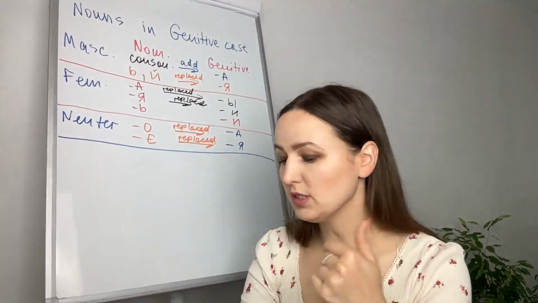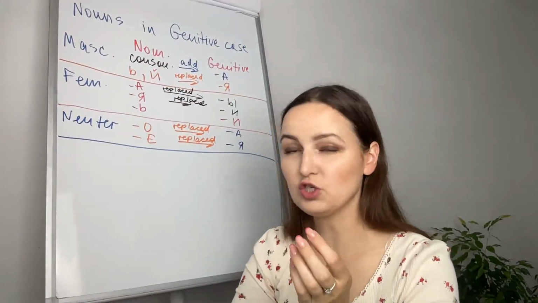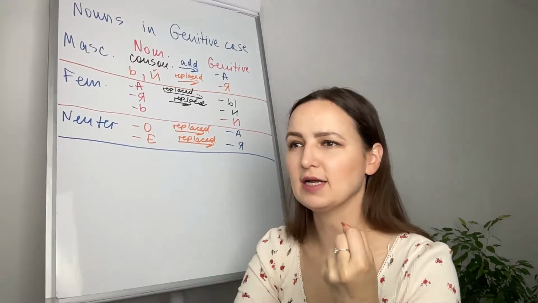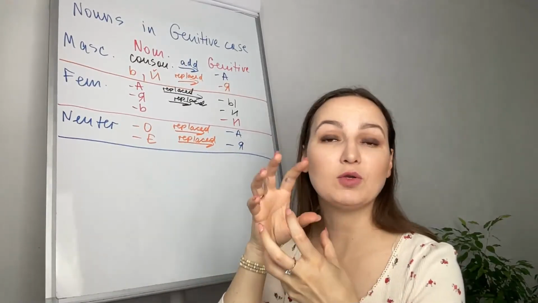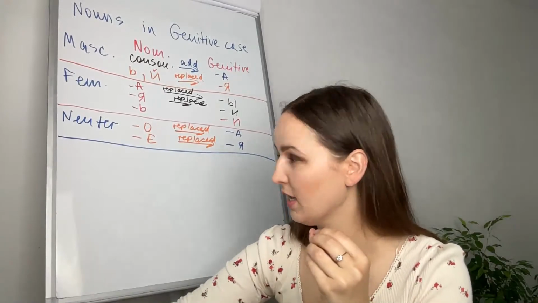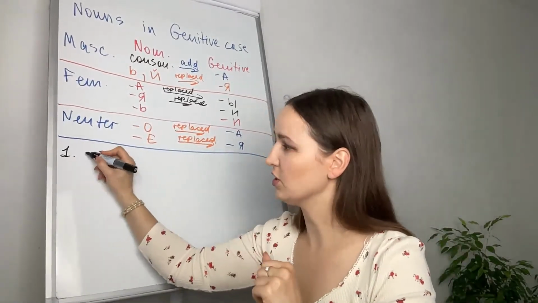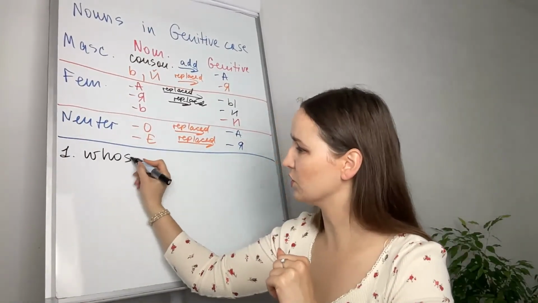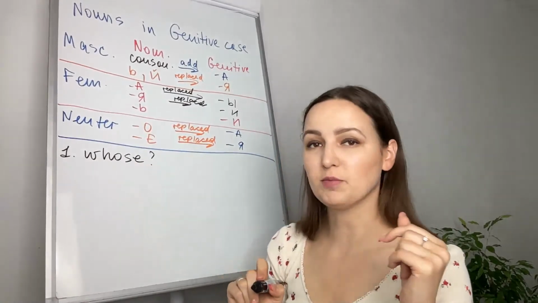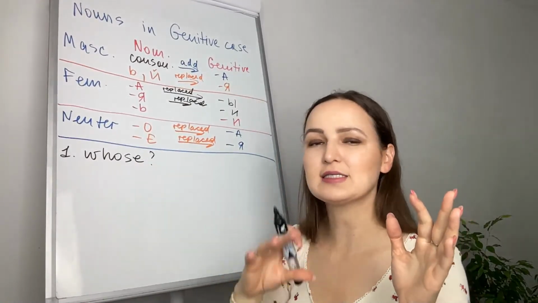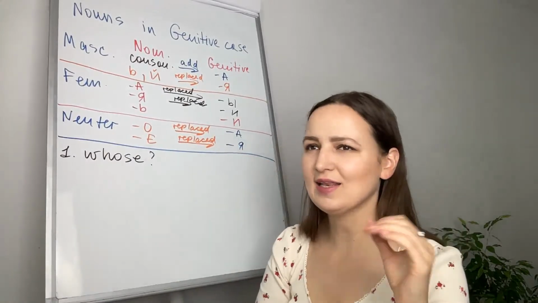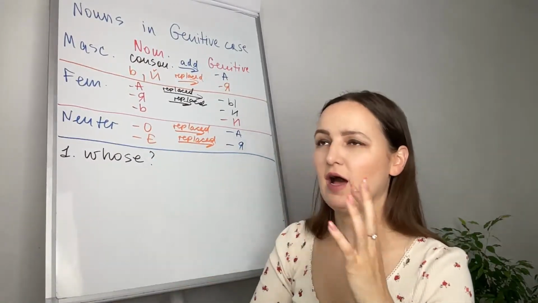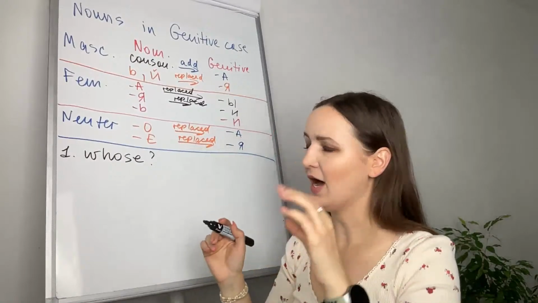When will we use the genitive case? First situation, for example, when we talk about belongings, the question will be whose. Whose? For example, Anna's bag, Anna's house, Anna's car.